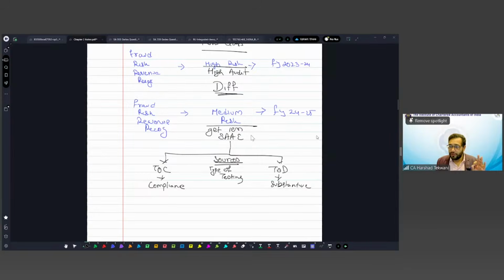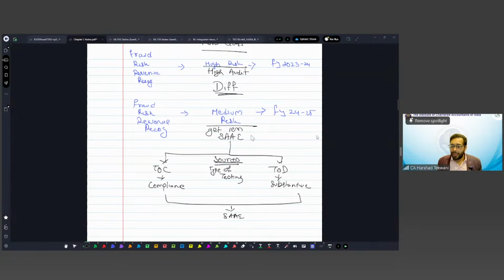Test of controls, test of details. Audit 101: you have to obtain sufficient and appropriate audit evidence from the test of controls, but test of controls alone will not provide you the full amount of sufficient and appropriate audit evidence. You need to do some test of details. So these two testings together will provide you sufficient and appropriate audit evidence.